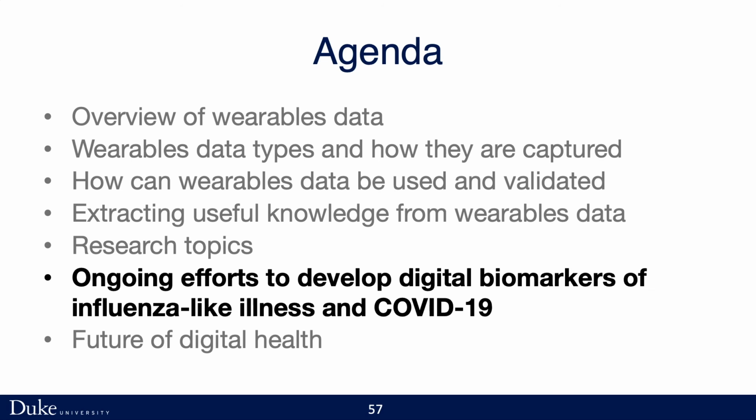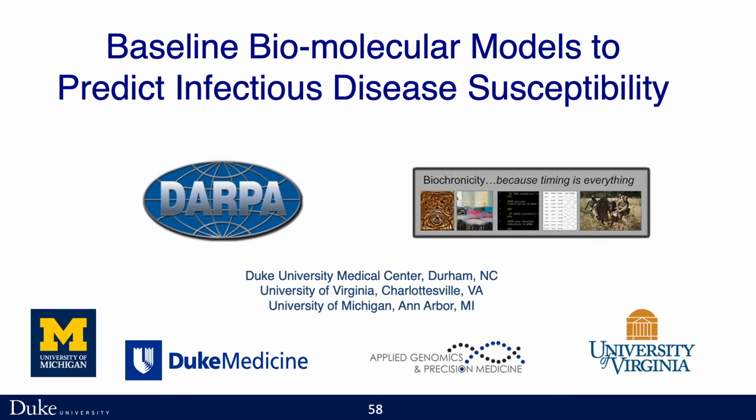I had mentioned some of the work that I did while at Stanford on infection detection, and ongoing at Duke, with some partners from Duke at the same time, was this work to develop digital biomarkers and also biomolecular biomarkers to predict infectious disease susceptibility and also to detect infection early. This has been a collaboration with the University of Virginia, University of Michigan, Duke, and DARPA.